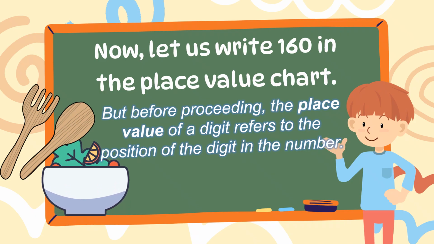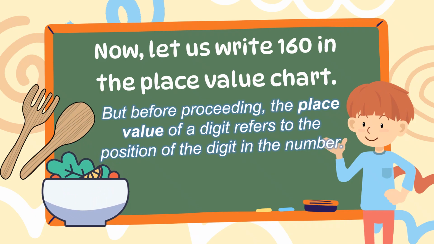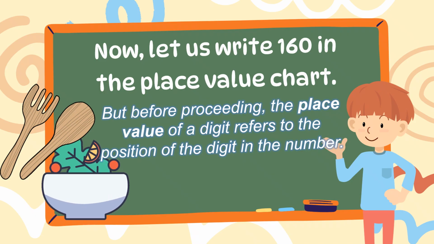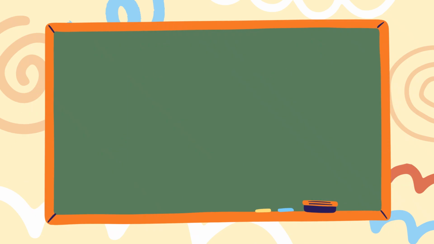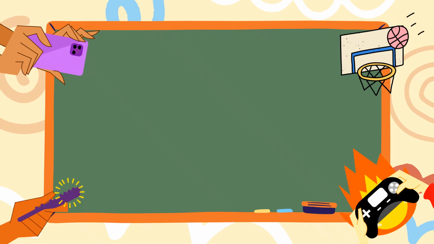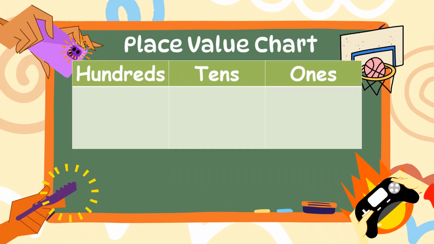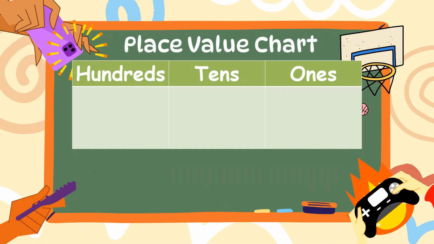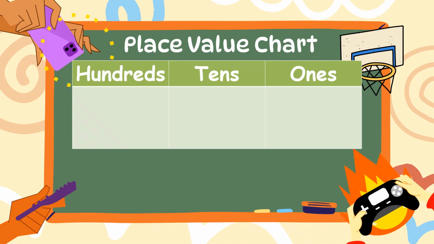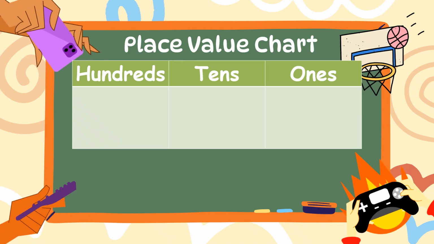Now let us write 160 in the place value chart. But before proceeding, the place value of a digit refers to the position of the digit in the number. So let us try to do it in the place value chart. Please write 160 in the place value chart right there.